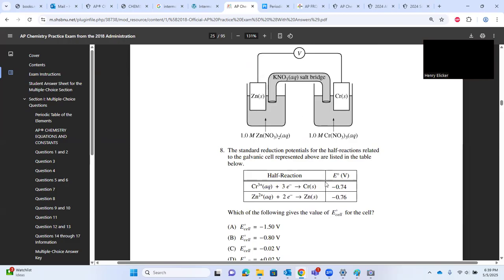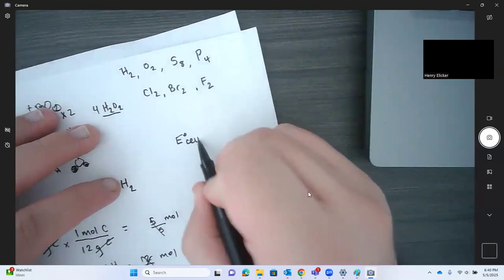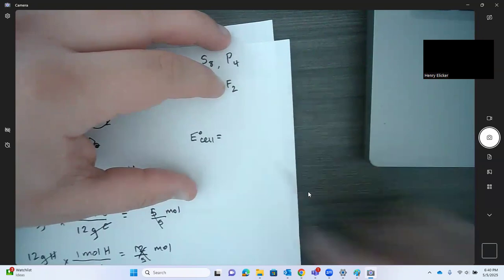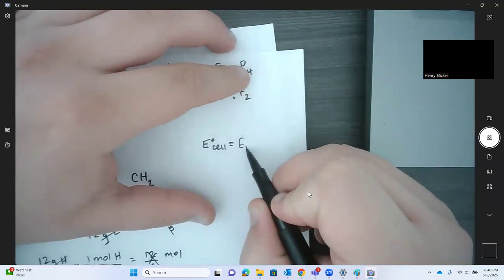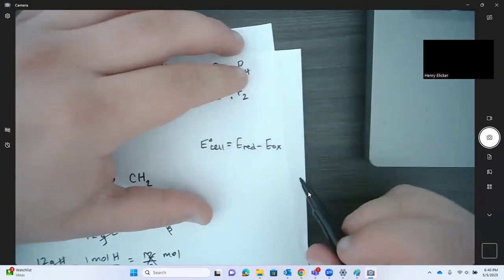Okay, 8, standard reduction potentials. There's an equation for this. Whenever you have the half reactions of a cell and they give you the voltage, the E naught, that's the standard. That's what that means. You can calculate it for the cell. So it turns out E of the cell standard potential is actually going to be the E reduction minus E oxidation part of the cell.